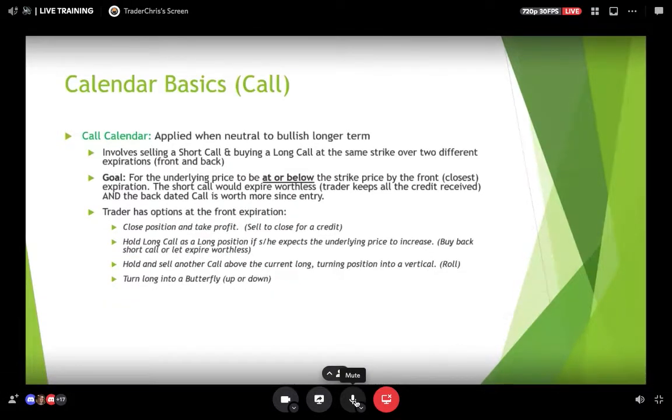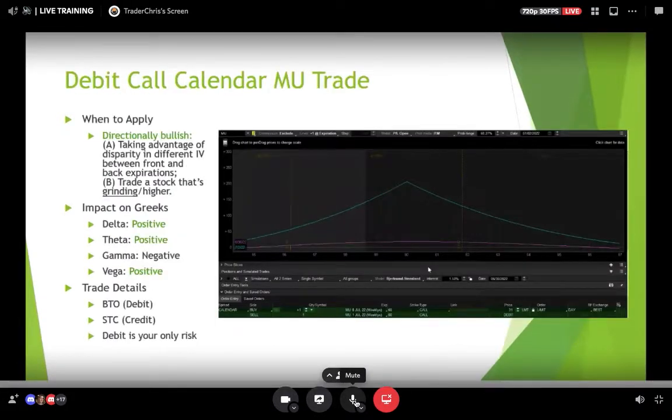Okay. So here are some things that I want to impress upon everyone. When to apply a call calendar: either you're directionally bullish, or you're looking at a stock where for some reason there is disparity between the front and the back expirations as far as the IV.